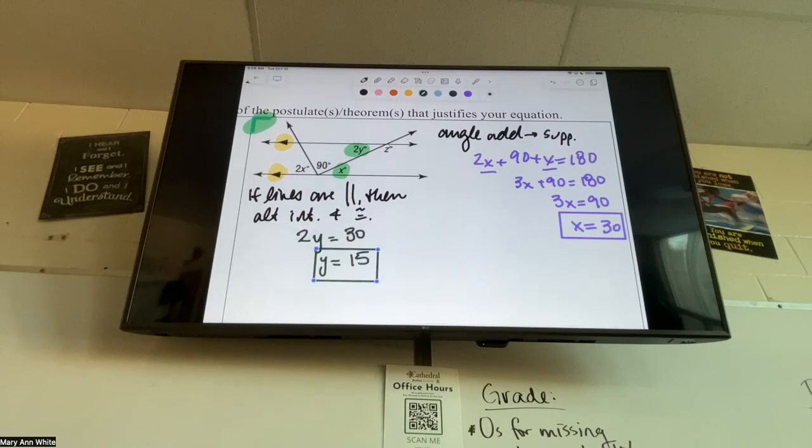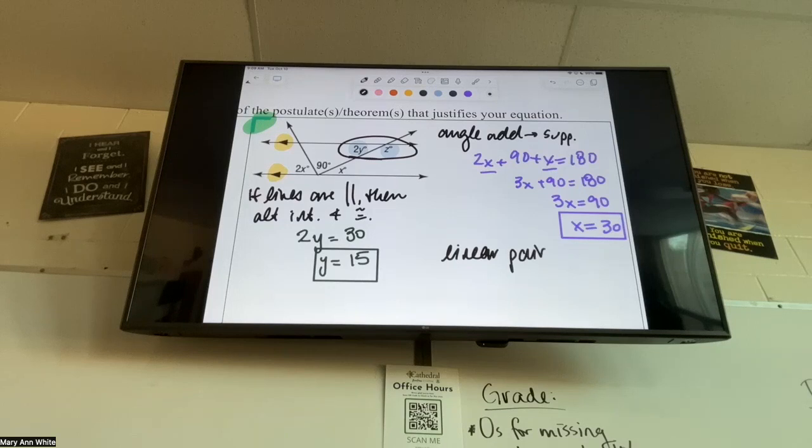Great job. All right, and then let's end with z. How do we find z, or what's an angle that z is related to? Two y. How are z and 2y related? Linear pair. Awesome. What's our statement with linear pair? Good. We'll say linear pair sum.